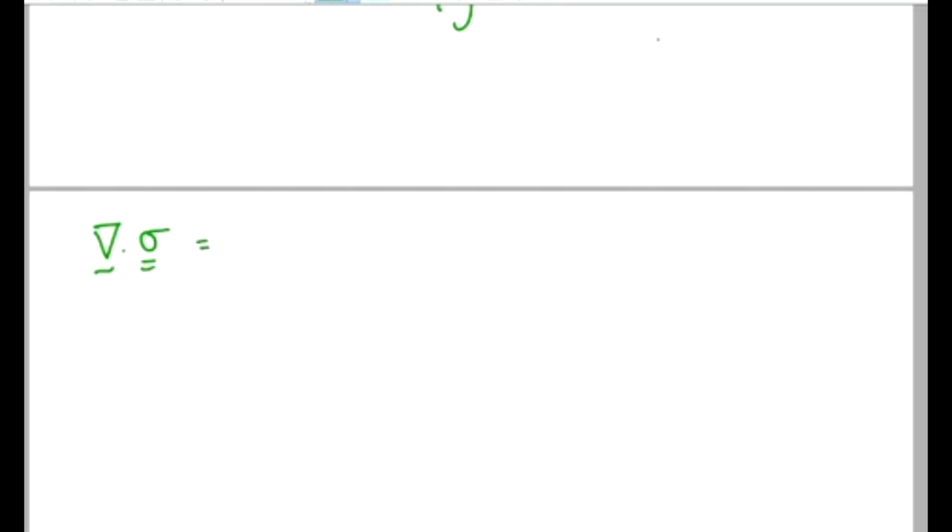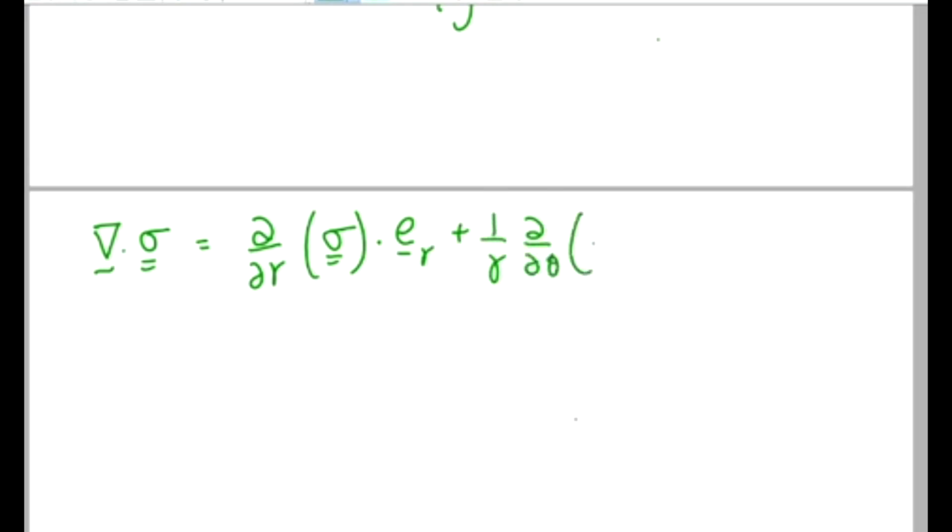So the divergence operator, first of all, in the cylindrical coordinate system is del by del r of sigma dot product Er plus 1 over r del by del theta of sigma dot product E theta, okay, plus del by del z of sigma dot product Ez. So that's the definition of divergence in the cylindrical coordinate system.